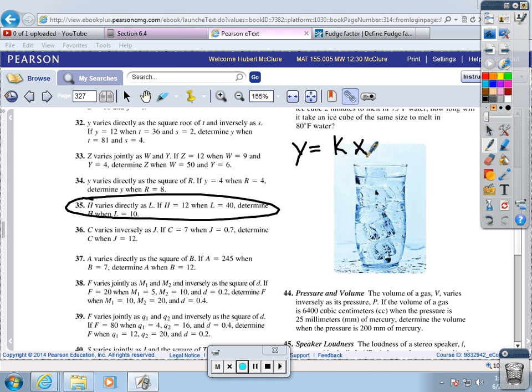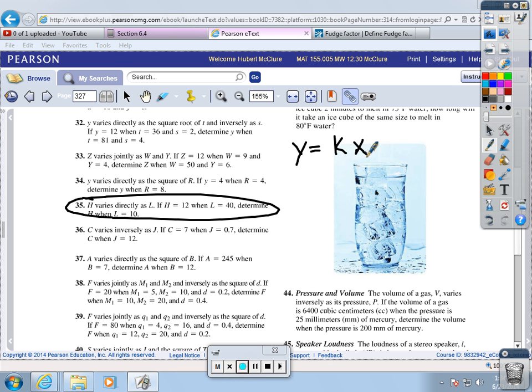In other words, if you're going to change these letters or variables, you change the Y with the first one that it says to change to. Okay, that's what it means.